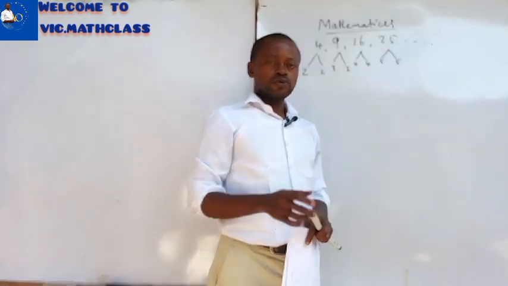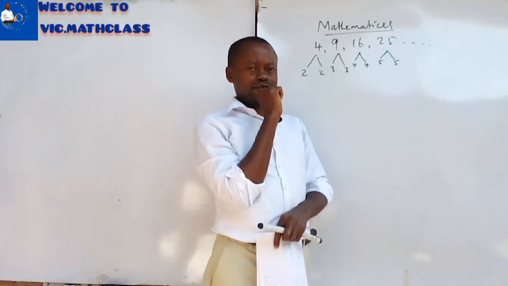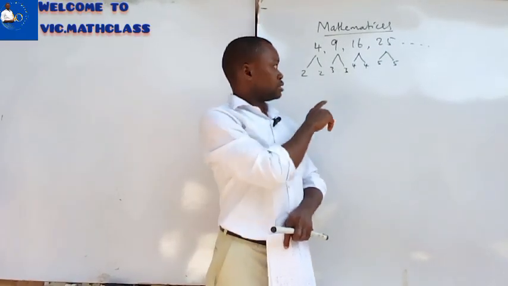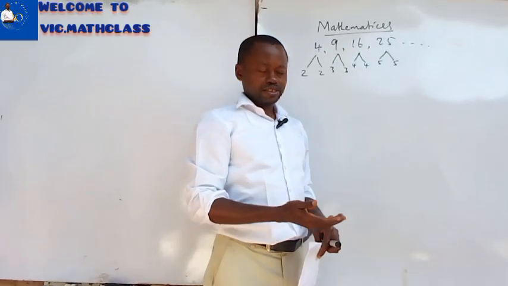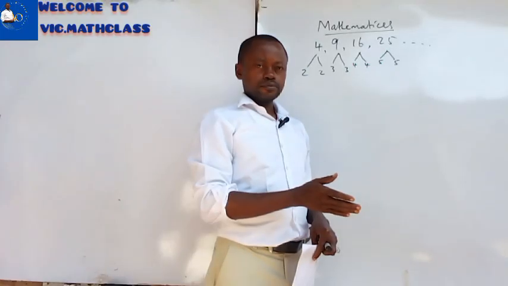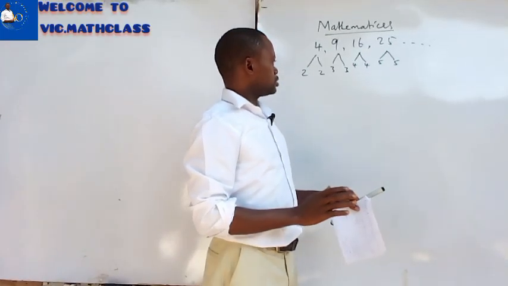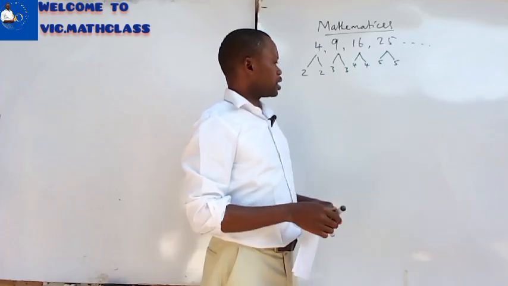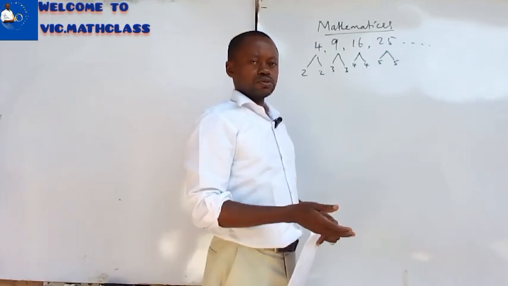So we will build from here. If you understand that, if you embrace that, we can move a little bit further. I hope I'm making sense here. We can build on that and begin to talk about an expression that we can say is a perfect square.